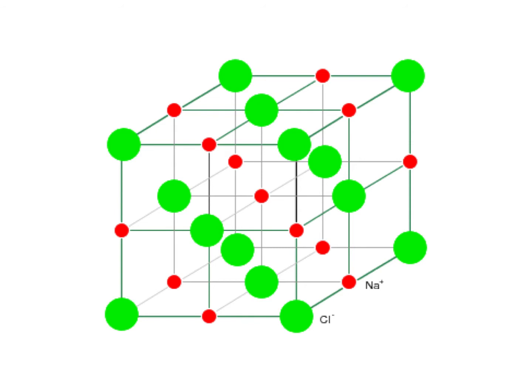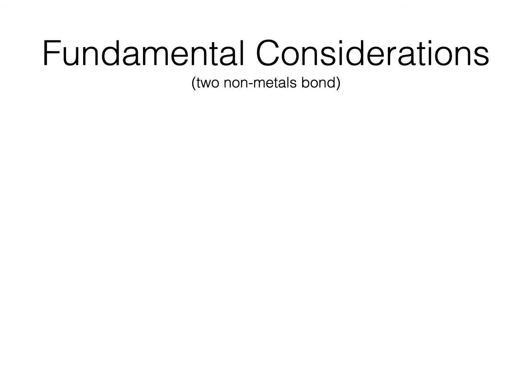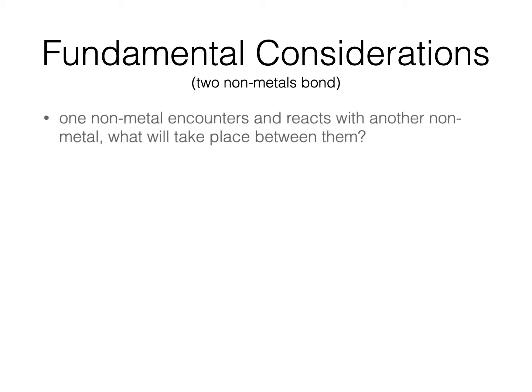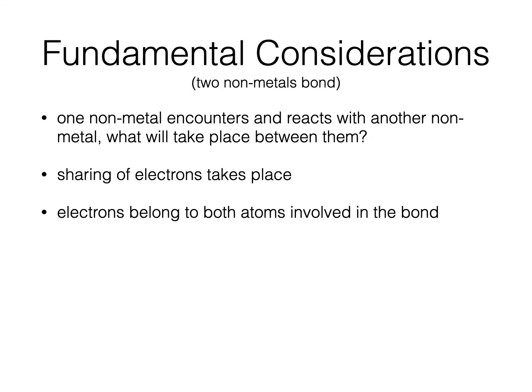Let's look at another consideration, and that is the eventuality of two nonmetals coming together to form a bond. When two nonmetals bond, of course, they both need some electrons, and so they are going to want to be reduced. And the only way for both of the nonmetal atoms to be satisfied would have to be achieved through the sharing of electrons.